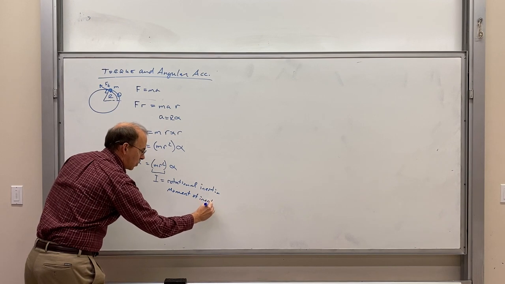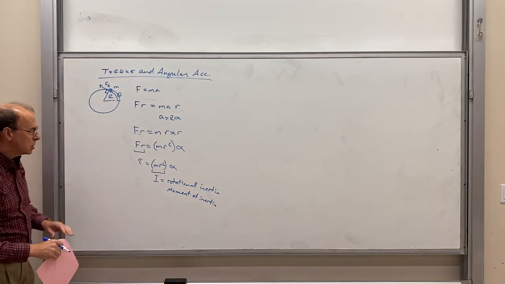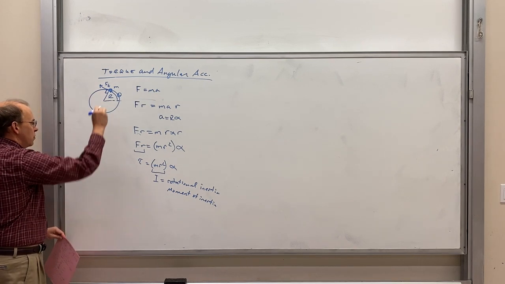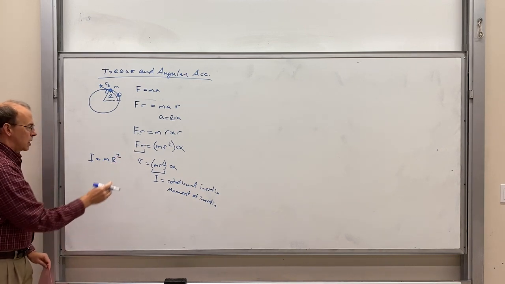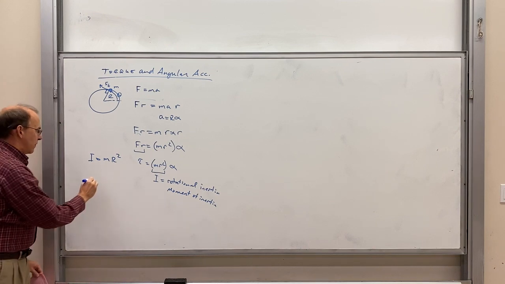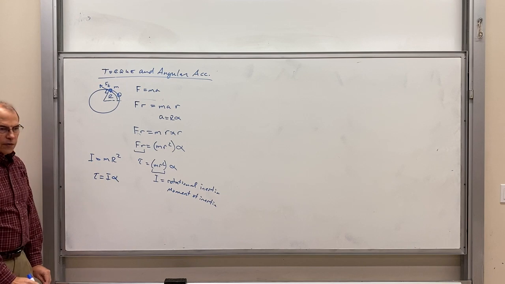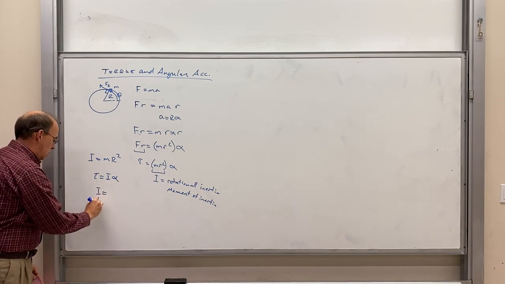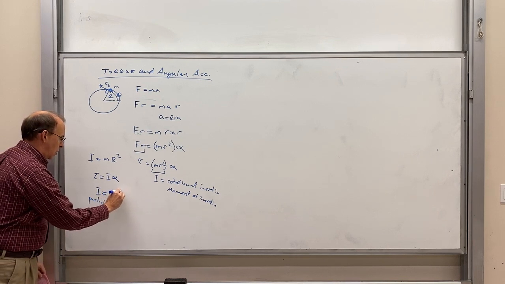There are mathematical reasons for calling it a moment. So I, for this particle moving in a circle, is just m r squared. So I've now got torque is I alpha, where this I for a particle is just m r squared.